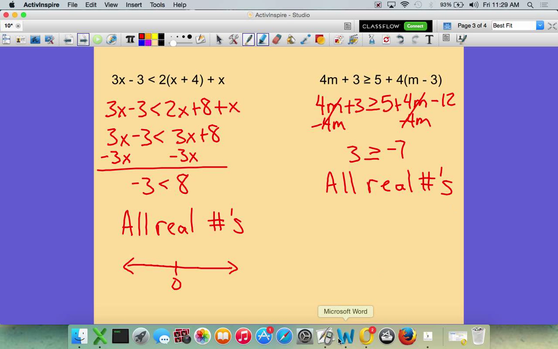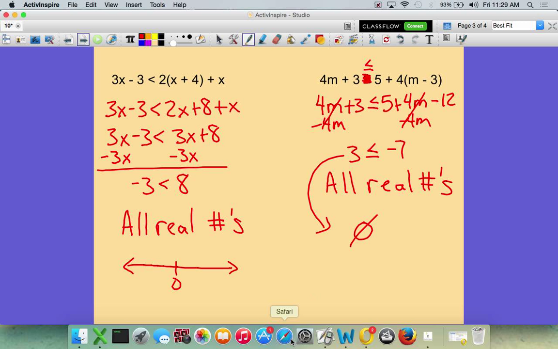But say that I went back and I changed one little thing on this equation, and I made the change here, changing this to a less than or equal sign. So I would have less than here. Is 3 less than negative 7? Then that would be false. So then what answers work for m?